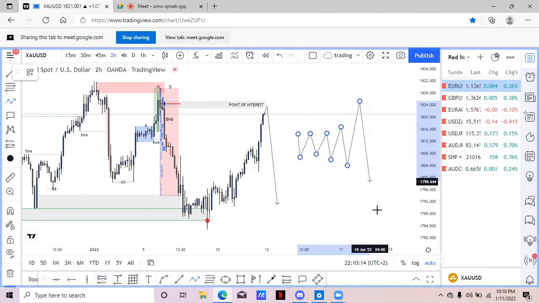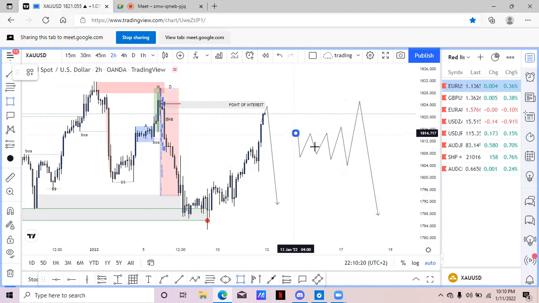You can't guarantee. Whether it touches our point of interest during London or New York, as long as it touches our point of interest, we look for our confirmation.